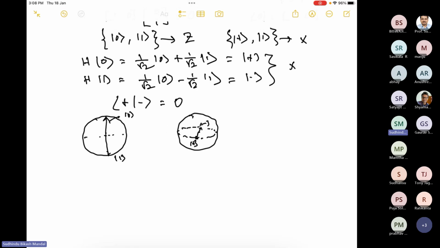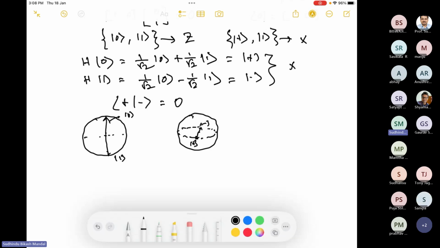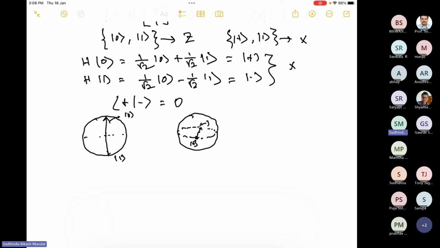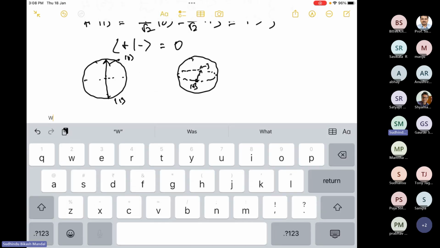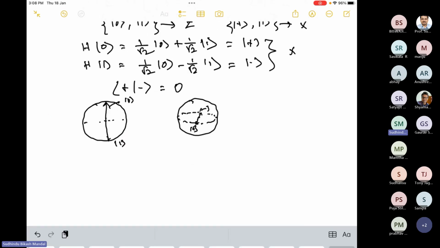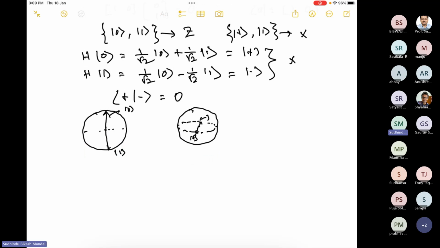Okay, I have already shown you there. I take two operators. One is the Z operator and I'm taking the X operator.